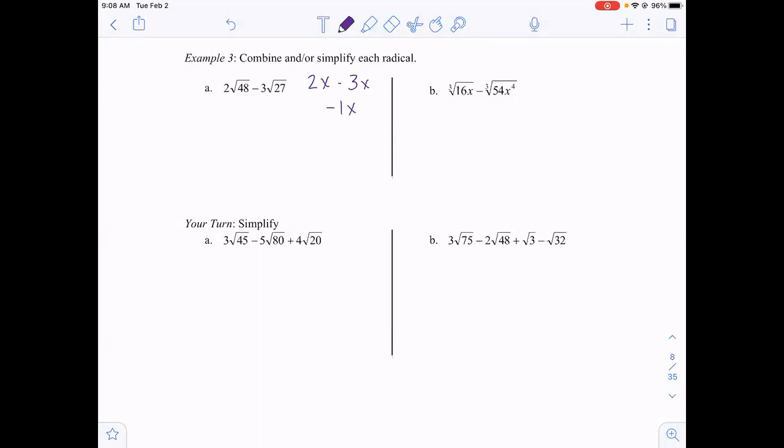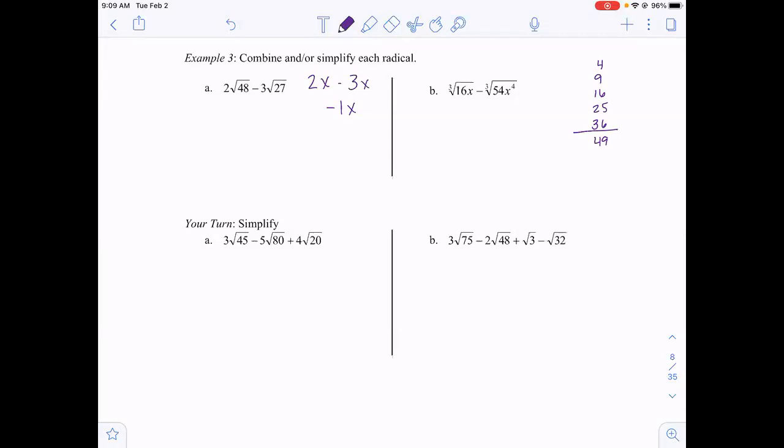So let's simplify, reduce what we can. Square root of 48. All right, off to the side. This one's easy. We can do this. So 4, 2, 3, 4, 5. I'm going to stop when I get to 48. 6, 7. Okay. So 48 is evenly divisible by which of those numbers?